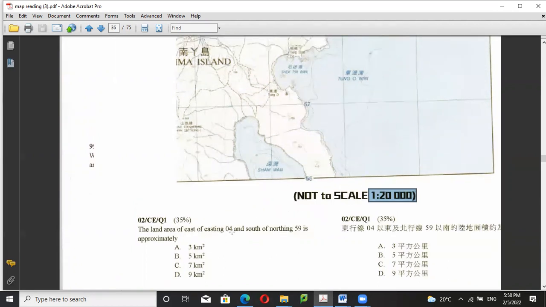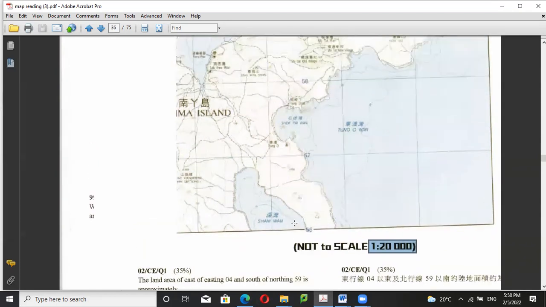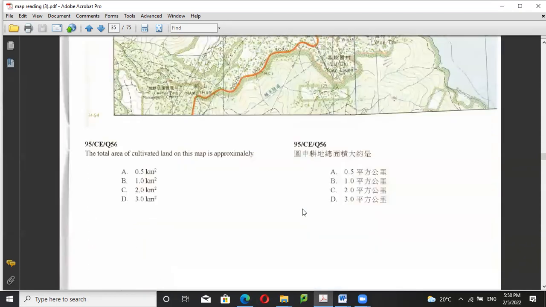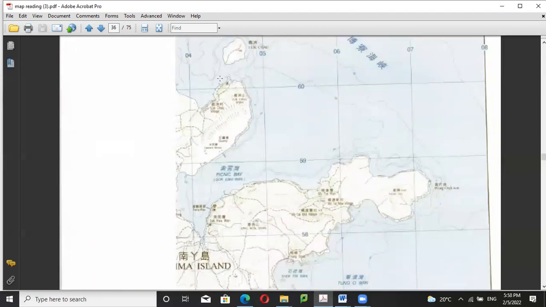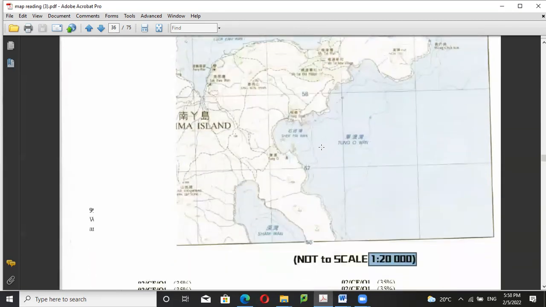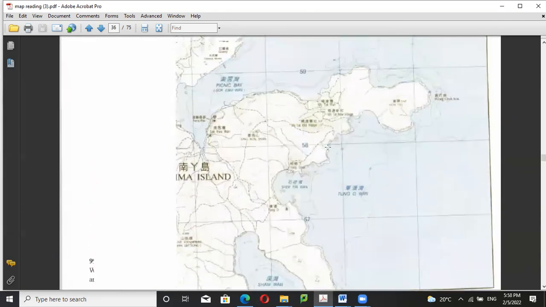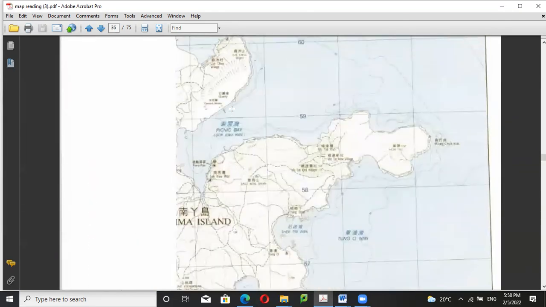Then this one: east of Easting 04, and north of Northing 59, south of Northing 59. I think it is talking about here.